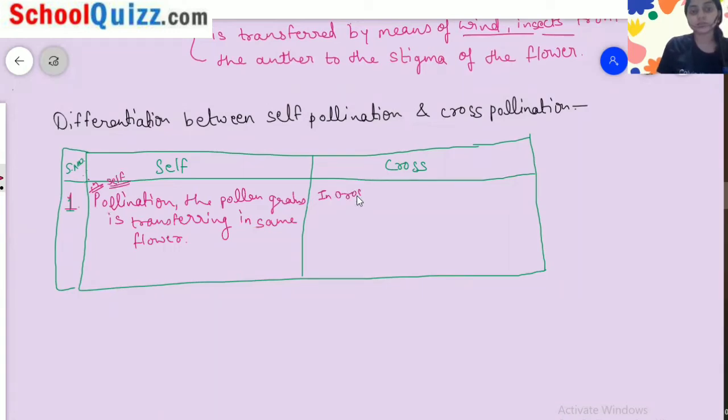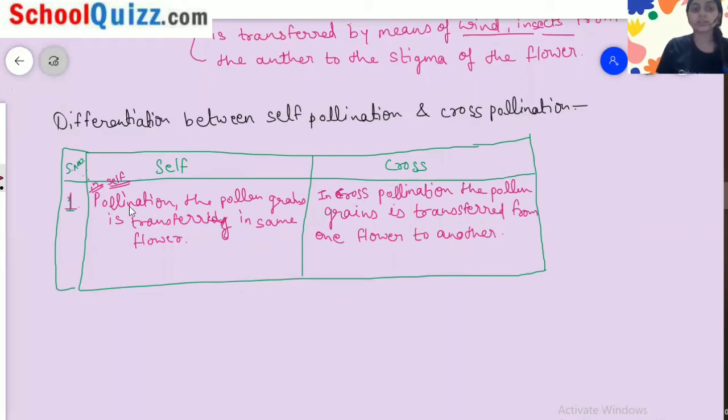In cross pollination, the pollen grains is transferring, or you can say transferred, from one flower to another.